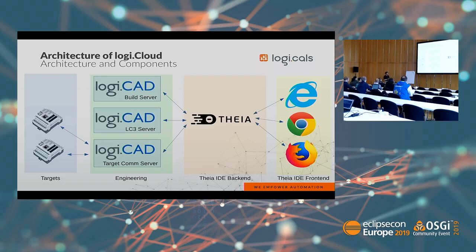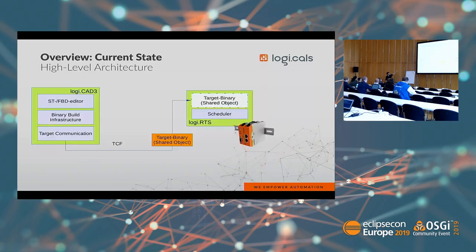Behind the Theia backend, we will use as much as possible of Logical 3 to enable users to do their PLC programming job, right? And these three Logical 3 instances that you can see here already correspond to the three components that Logical 3 is basically made up of.